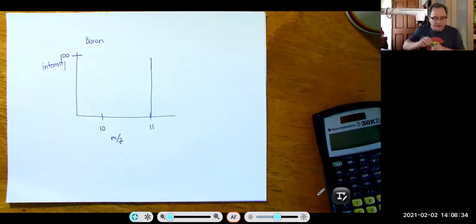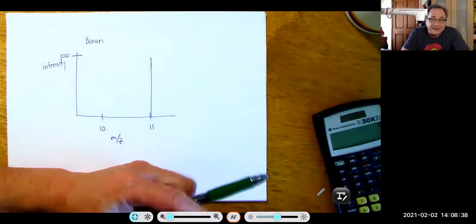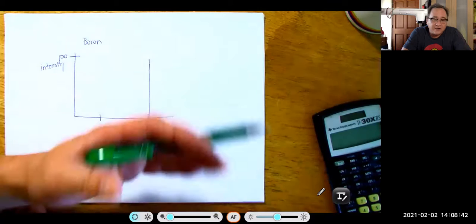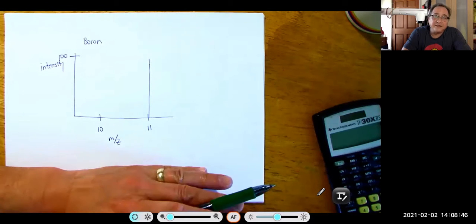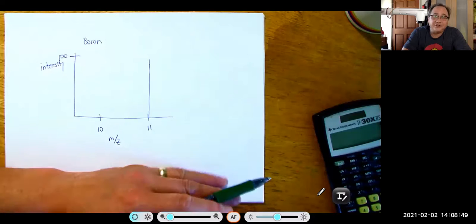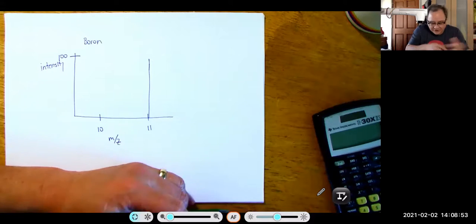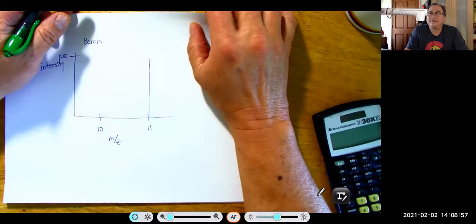So go ahead and draw this into your lab notebook. The beautiful thing about this is your guess may be wrong, and that's okay. But if you don't guess, you're graded as it being wrong.